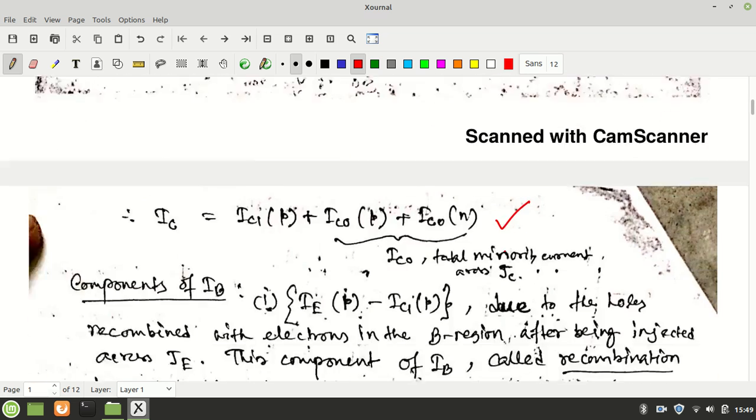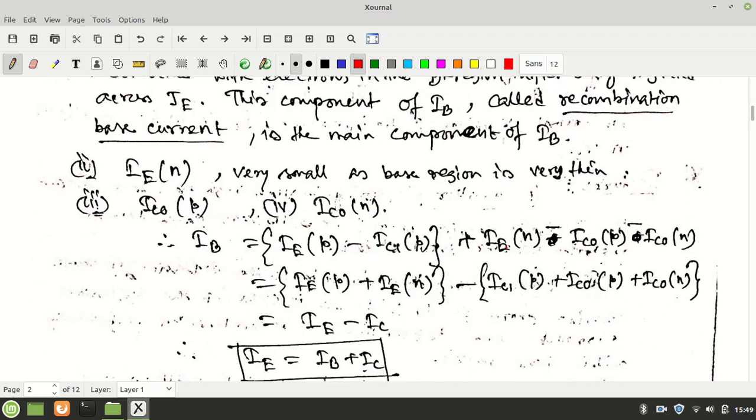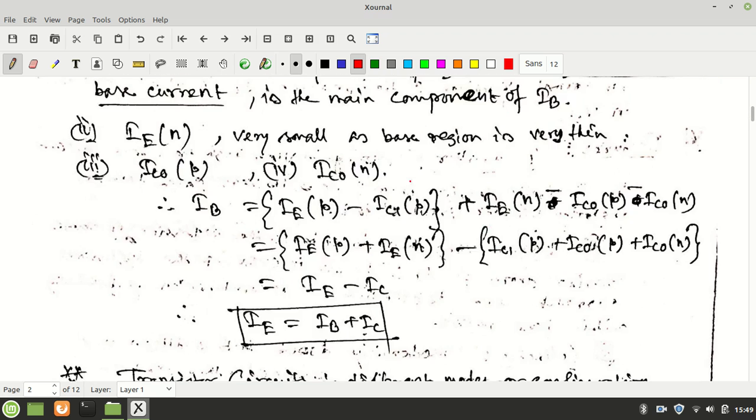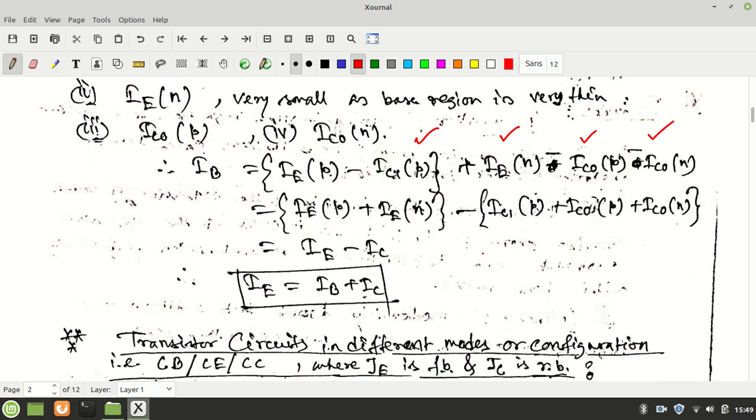So four types of currents are there. Remember the signs. The recombination current is positive, because it is entering the base region according to the KCL sign law, and the current IEN is also entering the base region from the emitter, so it is again positive. But those two minority currents are flowing out, so those are negative. By rearranging those you can write IB equals IE minus IC.